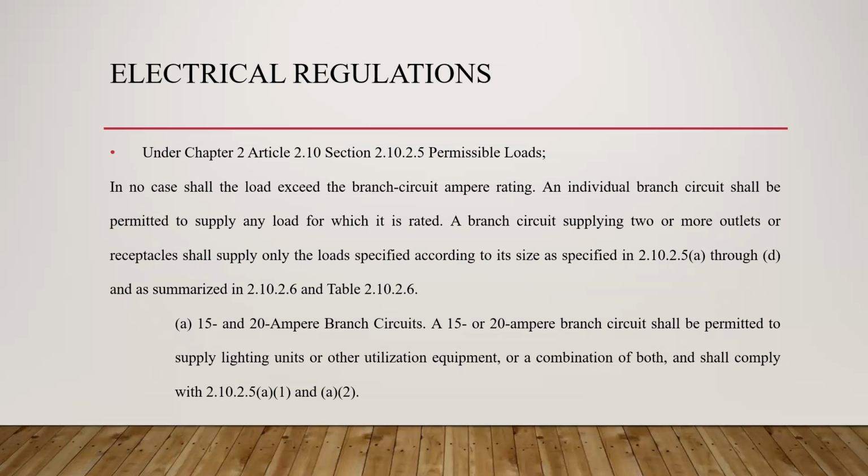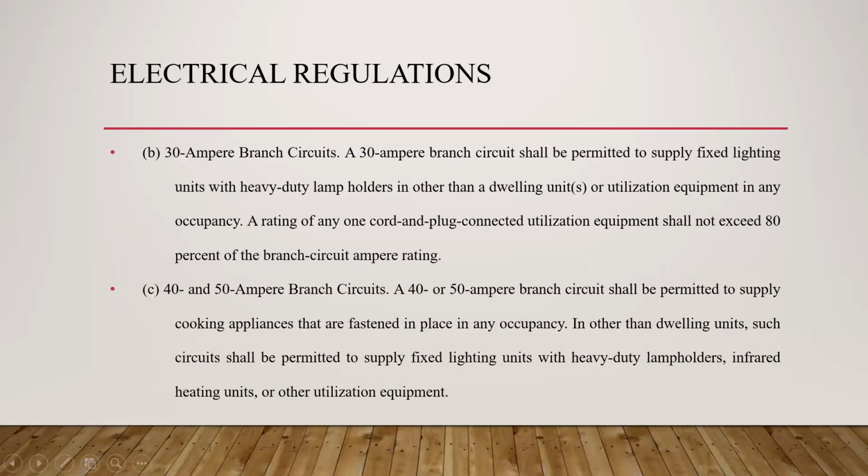So we have here yung ating 2.10.2.5 A to D. Letter A, 15 and 20 ampere branch circuits shall be permitted to supply lighting units or other utilization equipment, or a combination of both, and shall comply with 2.10.2.5 A1 and A2.